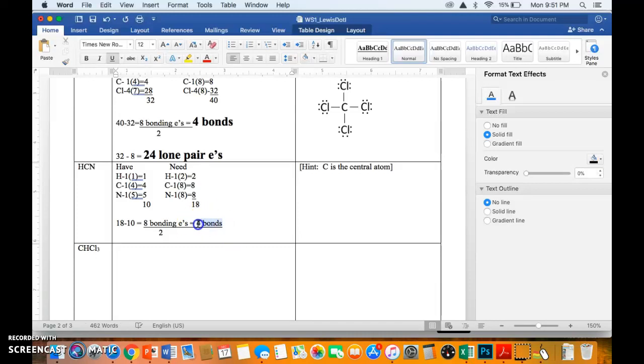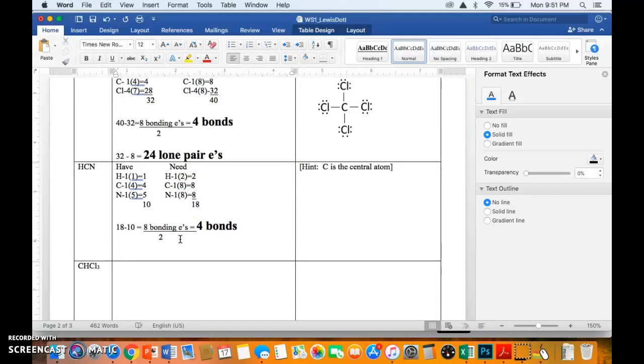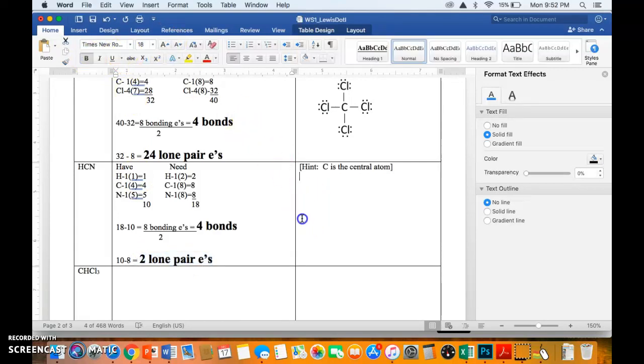I like to highlight or circle that piece of information so that I remember it's important and helps me draw my Lewis dot structure. Last mathematical step: step 1, 10, minus step 3, 8, gives me 2 lone pair electrons, leftover electrons. And with these 2 pieces of information, I'm ready to draw my molecule.